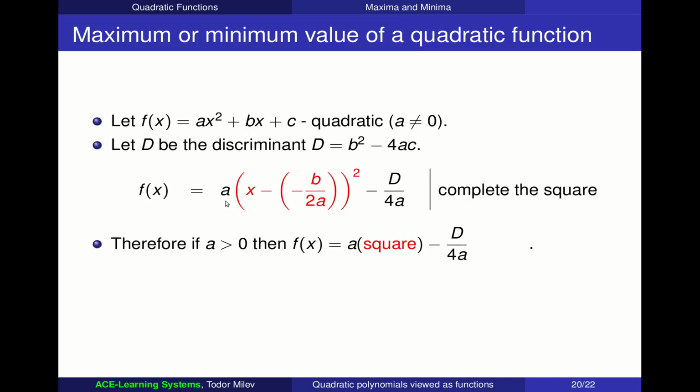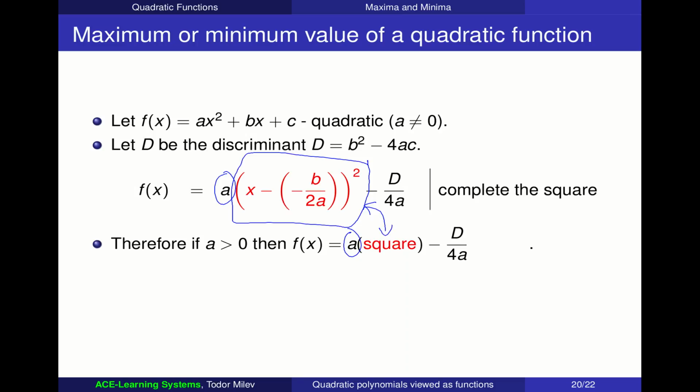We had an expression of the form a times x minus b over 2a squared, but what's important is that this expression here is a square, right? So I'm having a times a square minus d over 4a, right? So that's the situation that I'm at.